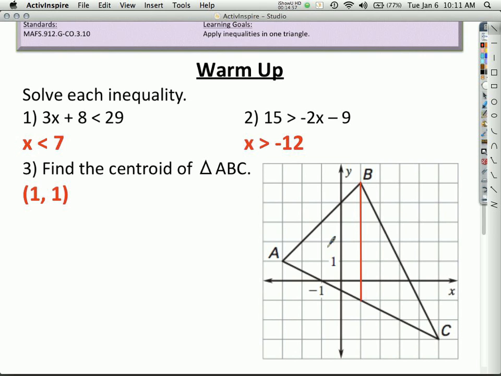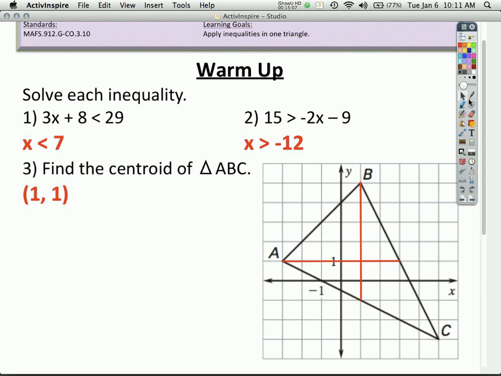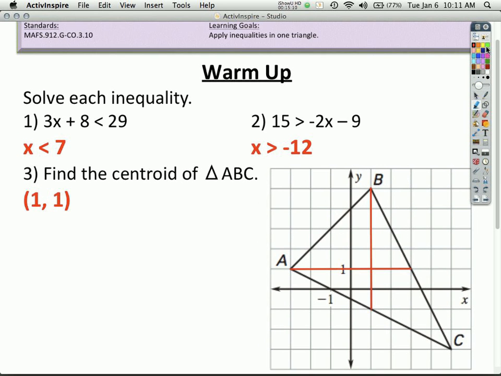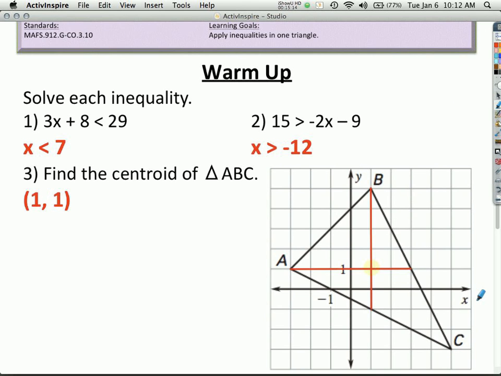We could then draw the midpoint of this segment to that vertex. And believe it or not, we already found the centroid. You don't have to draw all 3 because the centroid will show up when you just have 2 of them right there.